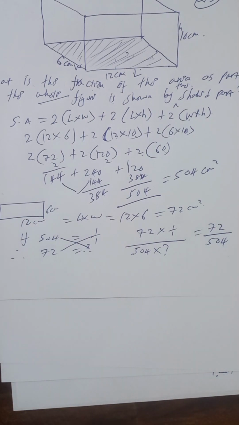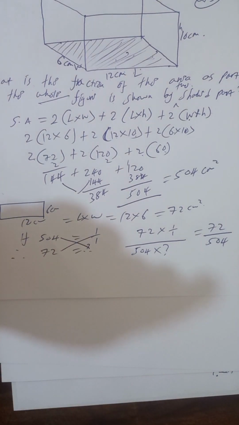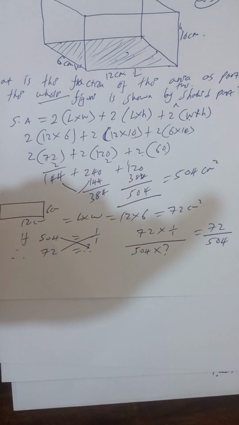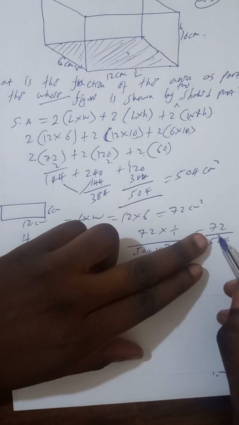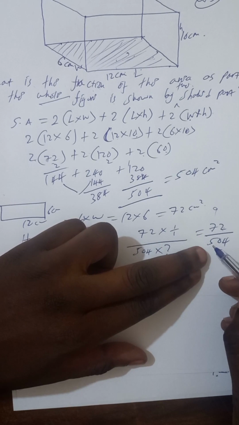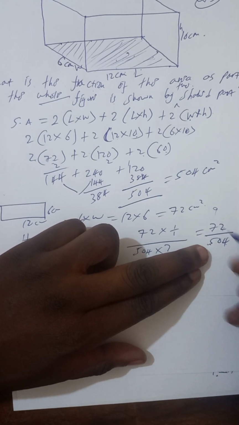So divisibility test. A number is divisible by 3 if the sum of its digits is divisible by 3. For example, 7 plus 2 is 9. So 3 can go here. 5 plus 4 is 9. 3 can go here.